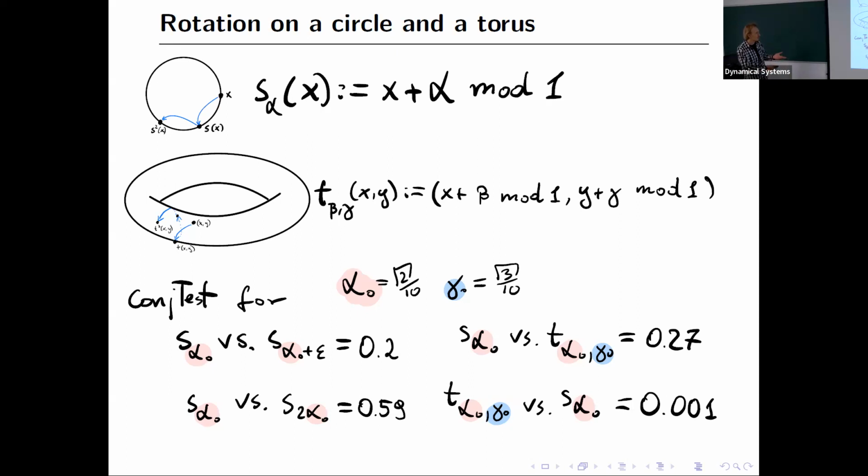This is very simple, but in particular the rotation on the torus contains the rotation that is happening just on the circle. So this testing of containing another process can maybe also be indicated by the conjugacy test.